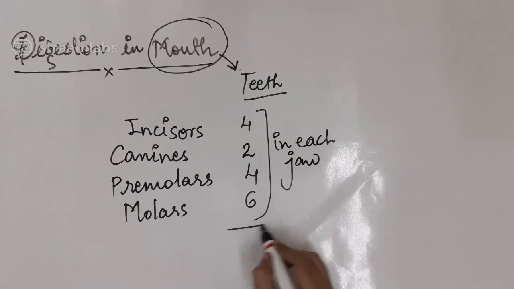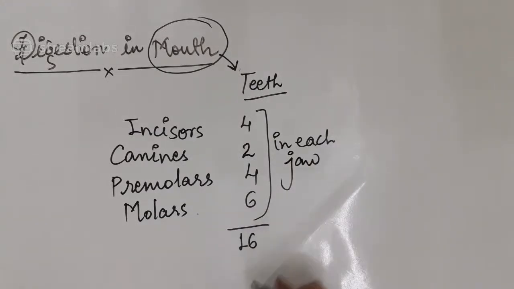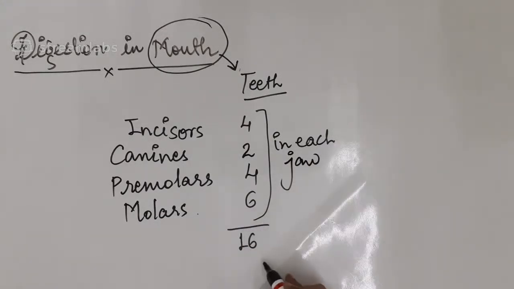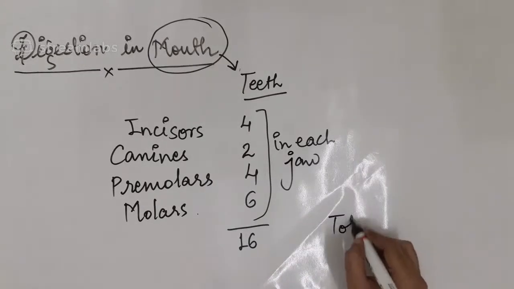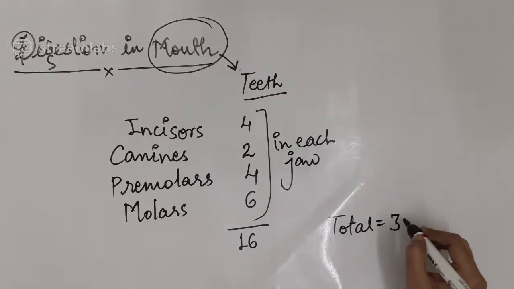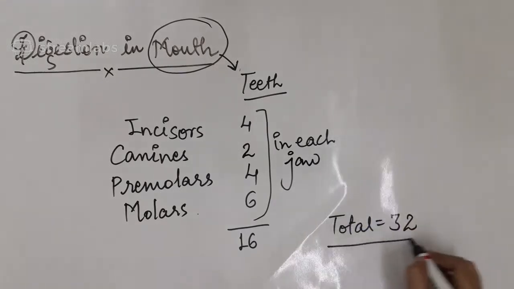So the total is 16 in each jaw. So in total we have 32 teeth overall.